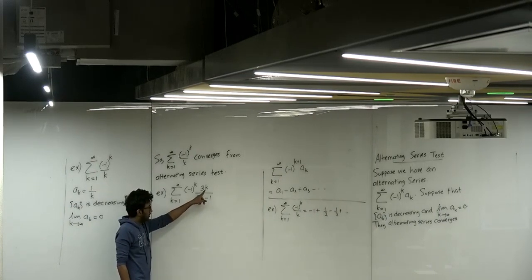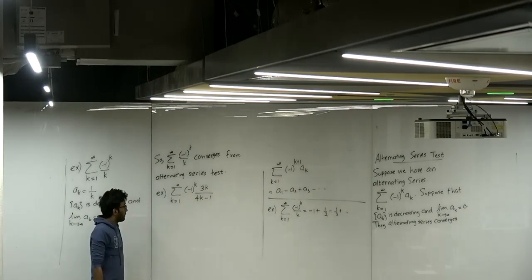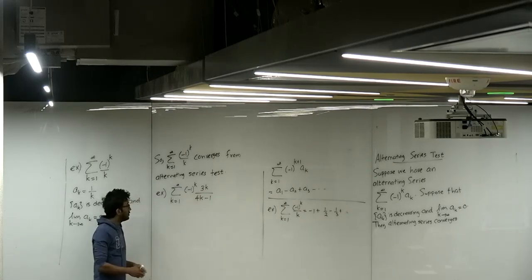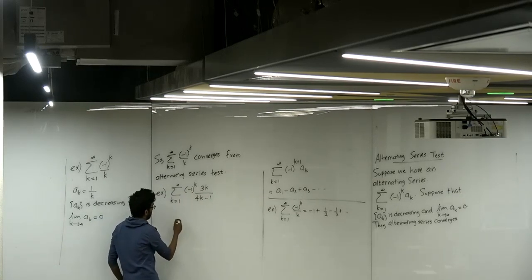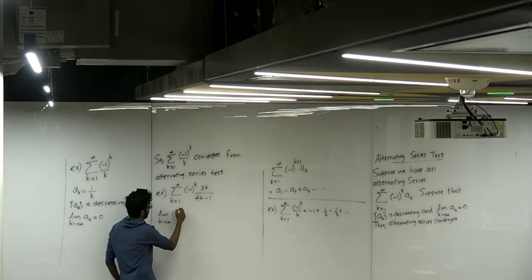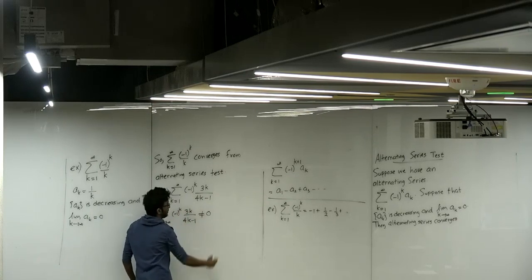If you consider the numerator, its power is 1, and in the denominator its power is 1 also, so there is no dominant power in the denominator. In this case, the limit as k tends to infinity of negative 1 to the power k times 3k divided by 4k minus 1 is not equal to 0.